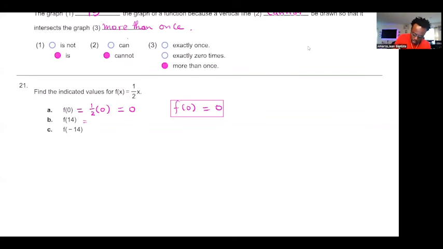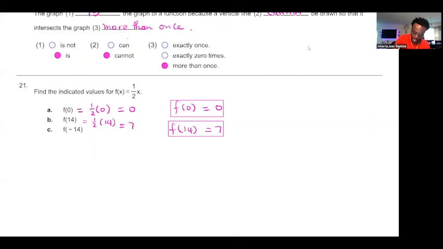Next, 1/2 of 14 is 1/2 times 14, which is half of 14. That is 7. So f of 14 equals 7. Again, that is the answer for f of 14.